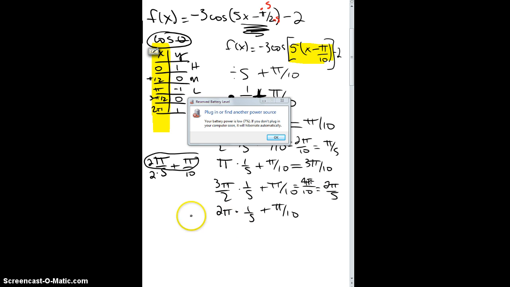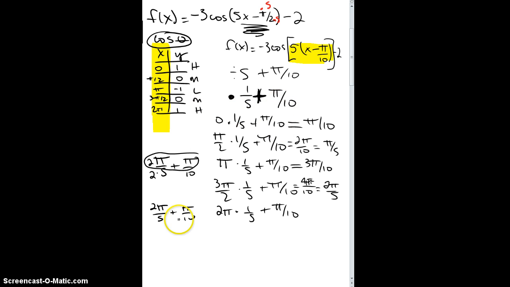And then the last one is 2 pi over 5 plus pi over 10. And then again, I need to get a common denominator, so times 2 times 2. So 4 pi plus pi is 5 pi over 10, which reduces to pi over 2.